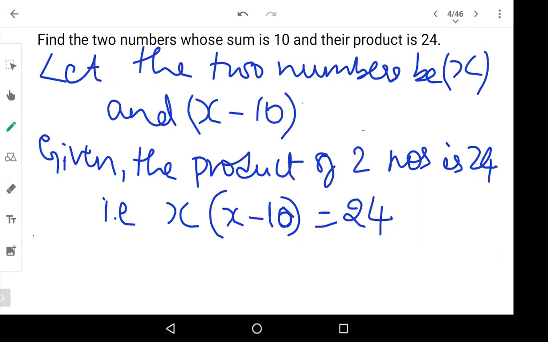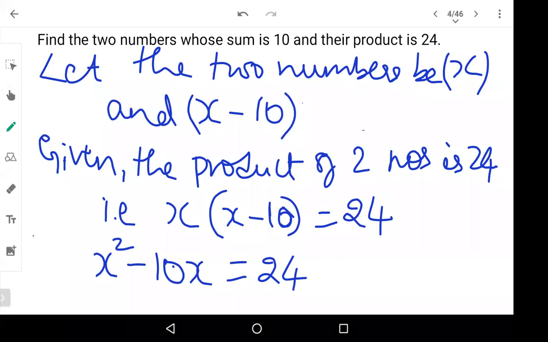Okay, now let us multiply. Now if you see here, x into x is x square, x into minus 10 is minus 10x, equal to 24. Yeah, the answer is 6 and 4, but you can find that only after solving the equation, not by guessing.